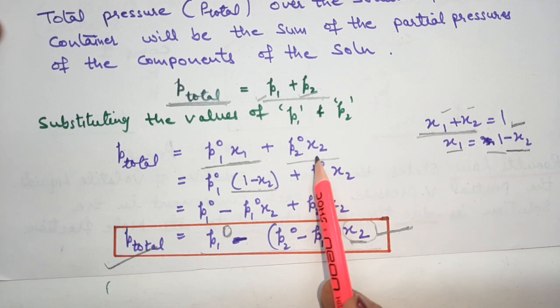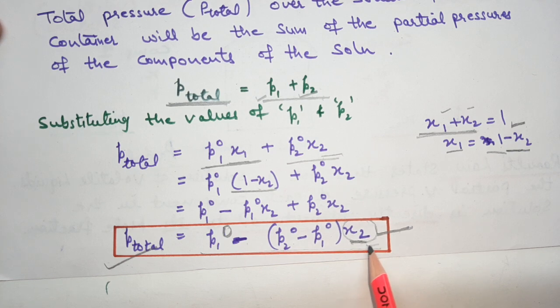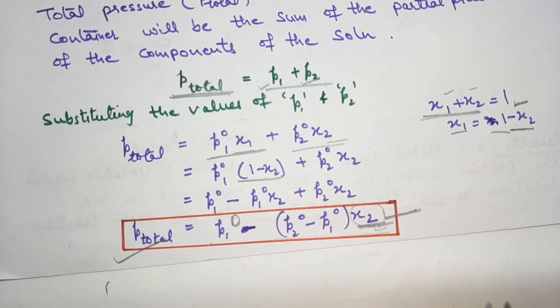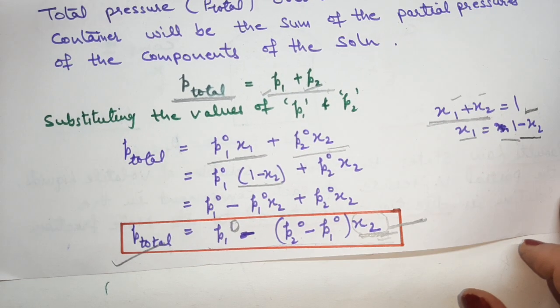If we substitute the value for X2, we will definitely get X1. So we are not specifying that it can be explained only in terms of the mole fraction of the second component or the solute component. No, it can be explained in terms of the mole fraction of any one of the components.